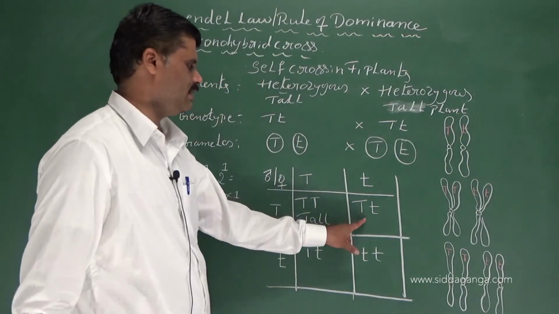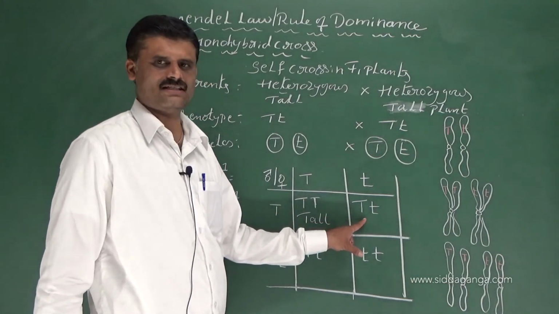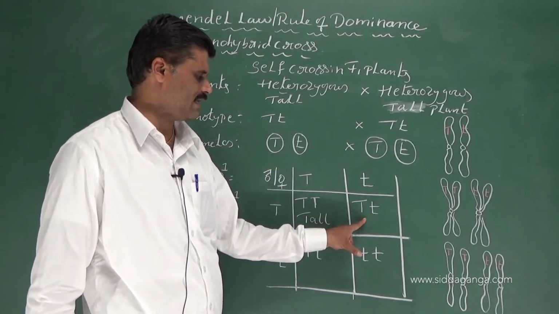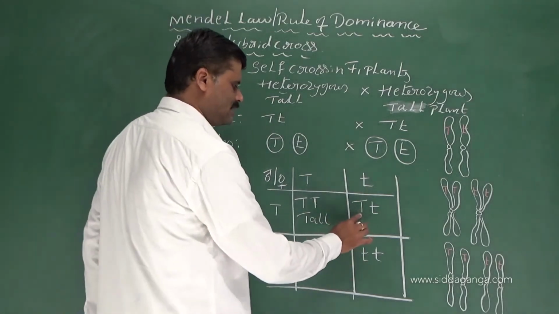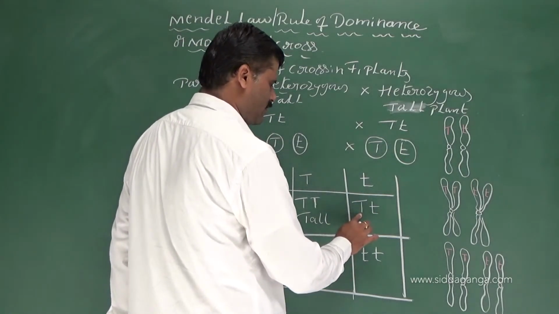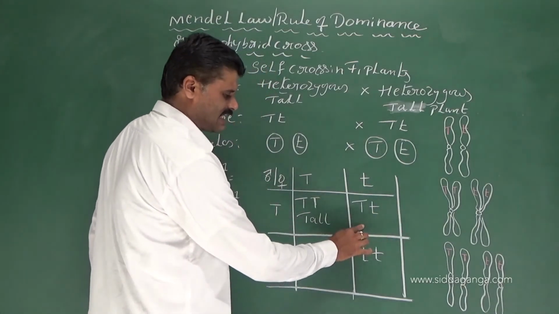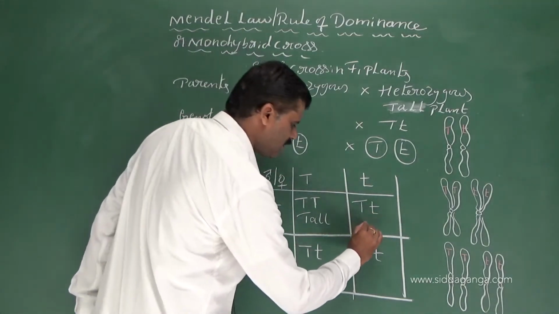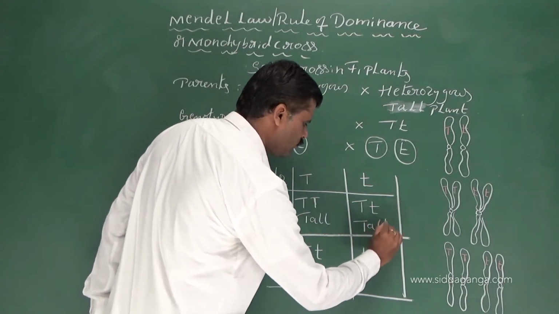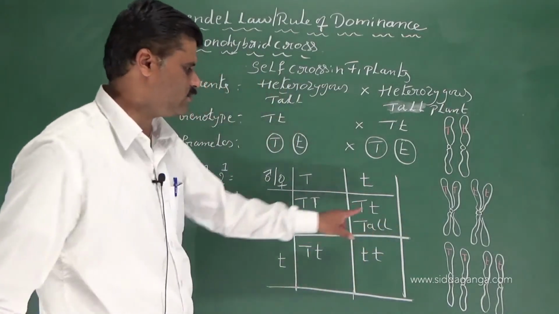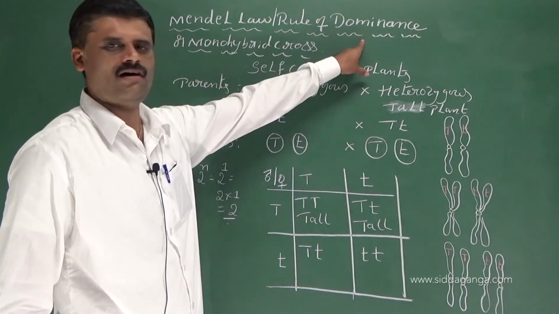Here also, that is heterozygous condition. Paired genes for the character height are heterozygous, that is, one gene representing tall and another gene representing short, but the character expressed in that progeny is tall. Why is it tall? Tall is dominant over recessive, that says the law of dominance.